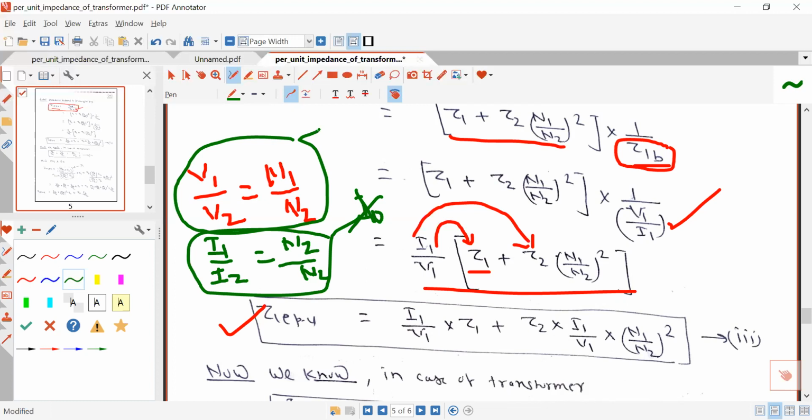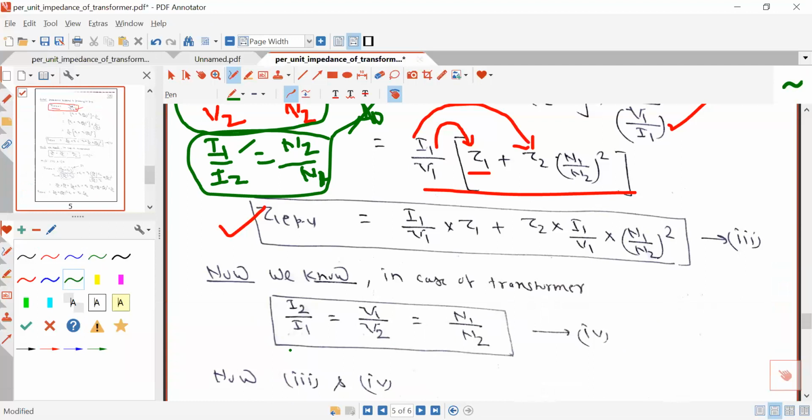So approximately you can write V1 by V2 is equal to N1 by N2 and I1 by I2 is equal to N2 by N1. I hope you have studied this relationship in 4th semester. We will use these two equations to derive the final result.